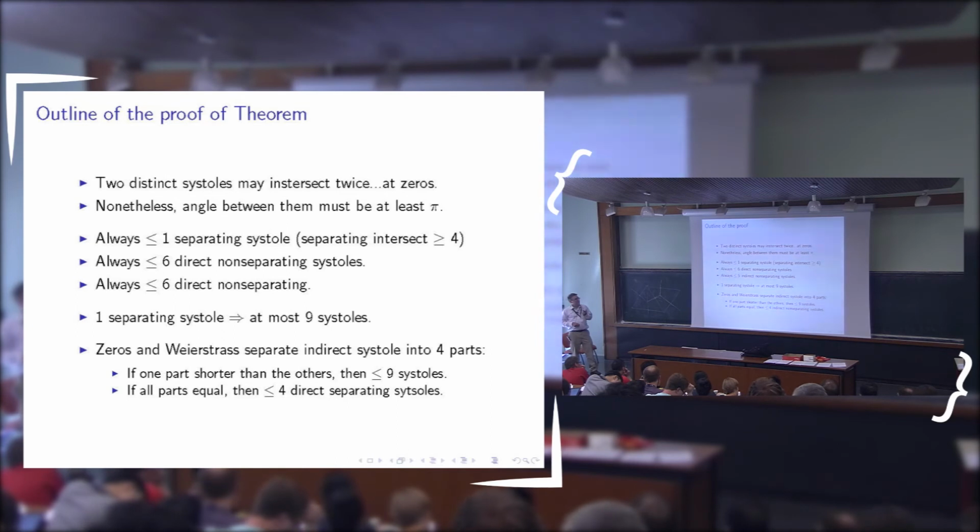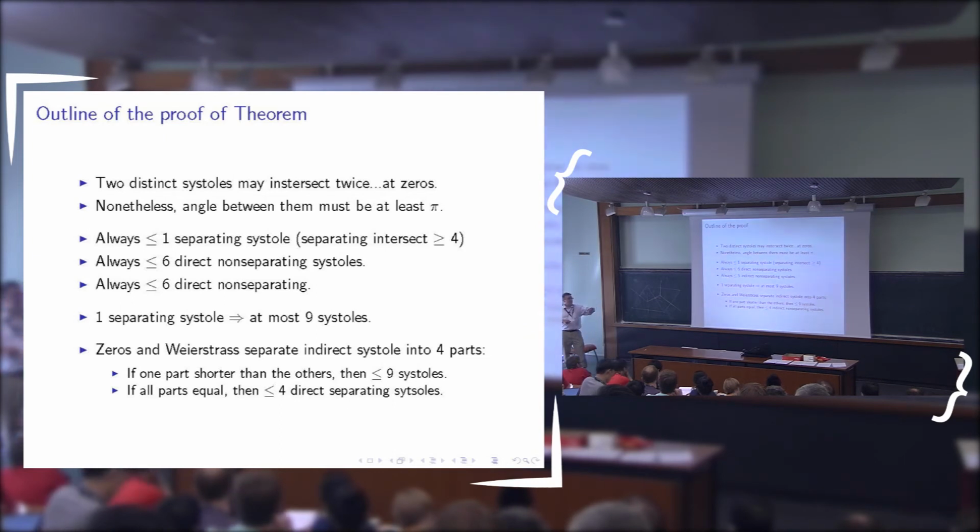So what we do is, if you have an indirect non-separating systole, it goes through 2 Weierstrass points, it goes through 2 zeros, and you just cut and you get 4 arcs. And you do that for every one of the possible 5 of them you have. If one of those 4 parts of a given systole is shorter than the others, then you have at most 9 systoles.